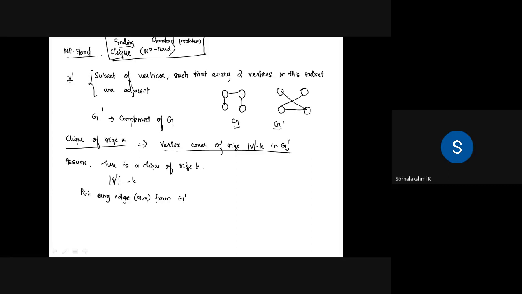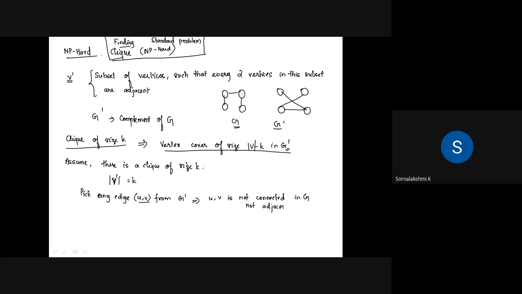Adjacent means they'll have an edge between them. Now I'll pick any edge UV from G dash. If there is an edge UV in G dash, it means U comma V is not connected in the original graph, because G dash is the complement. So U comma V is not connected in G. That means they are not adjacent.